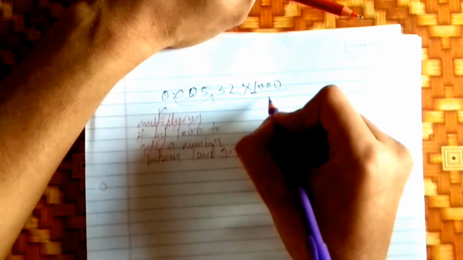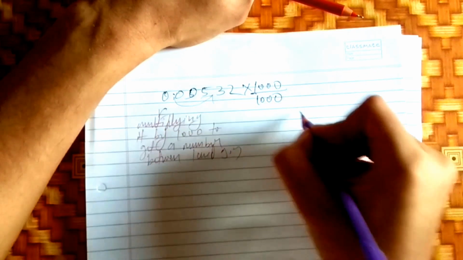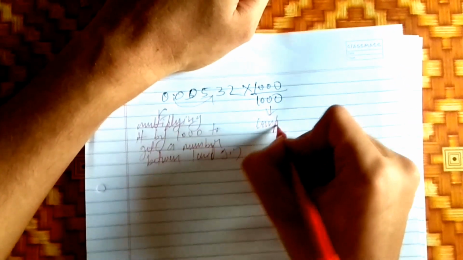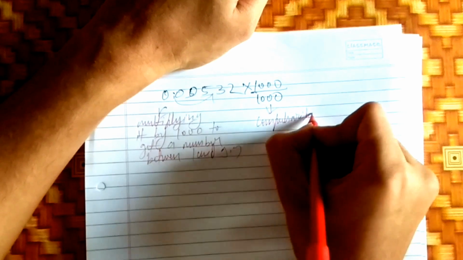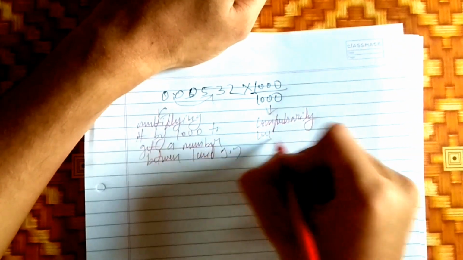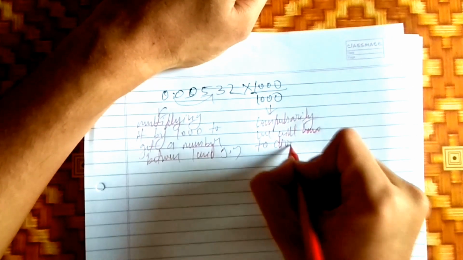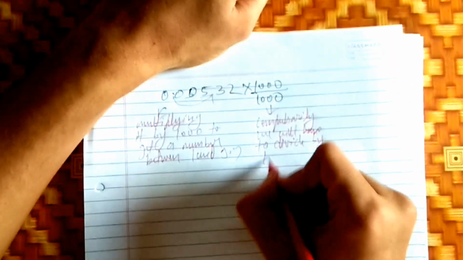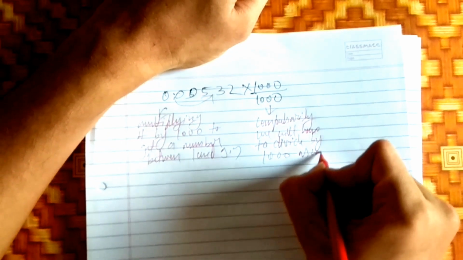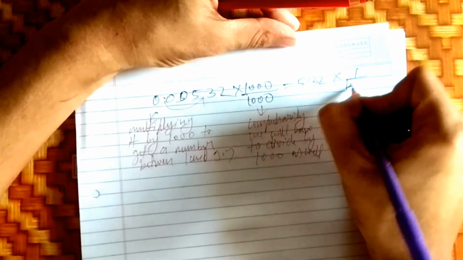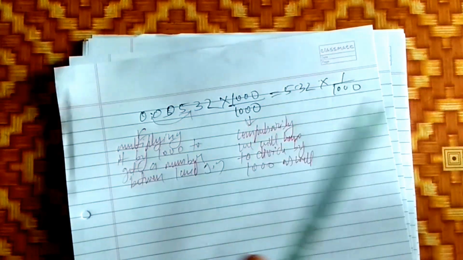Since we have multiplied it by 1000, compulsorily we will have to divide it by 1000 as well. So this will be equal to 5.32 into 1 by 1000.